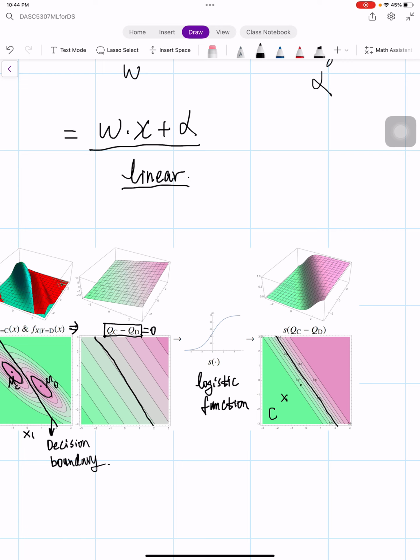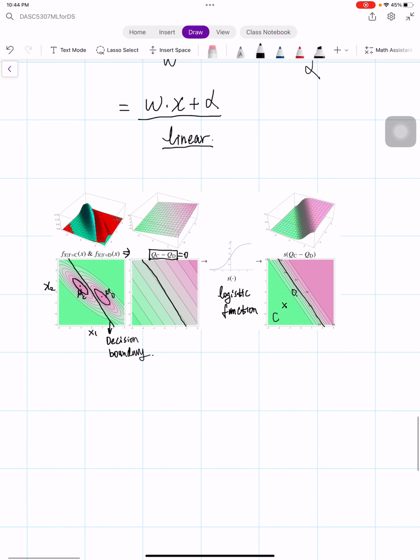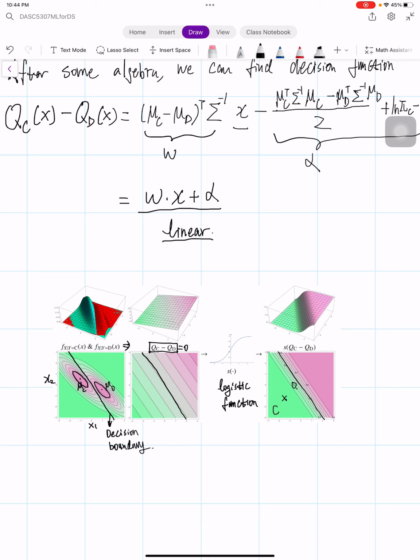If it's here, maybe with probability 0.2, so with 20% chance this x falls into class C. So this also gives us the posterior probability, which equals the logistic transformation of omega dot product with x plus alpha.